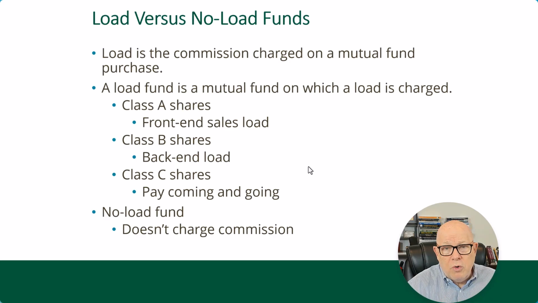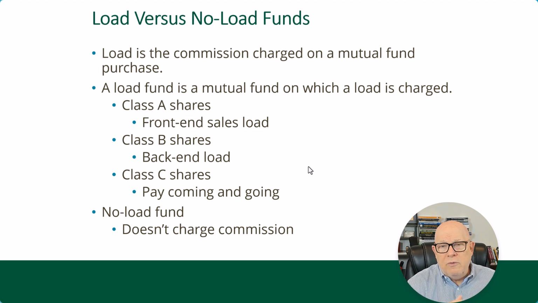They might have worked for brokerage companies, but they would actually look for investors in these funds. And so they would get paid a commission, in some cases as much as almost 6% of the purchase price of the fund. So if you were putting $100,000 into the mutual fund, that salesperson would get a $6,000 commission, which means only $94,000 of your money was actually going into the fund.